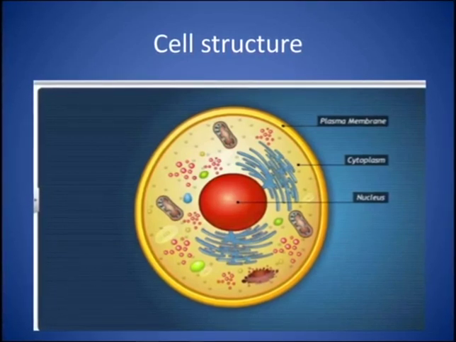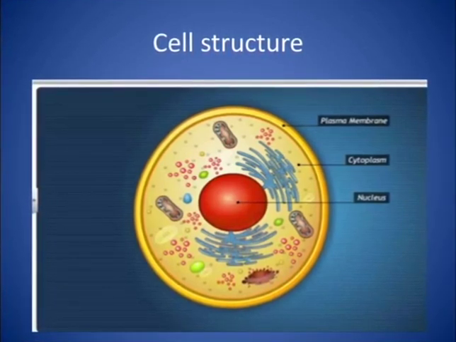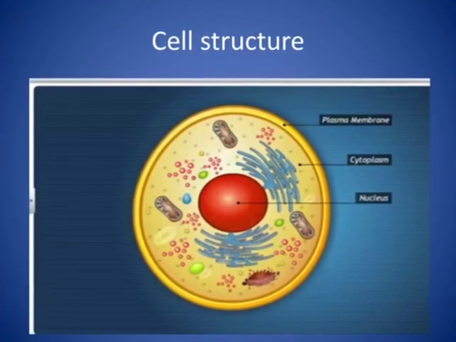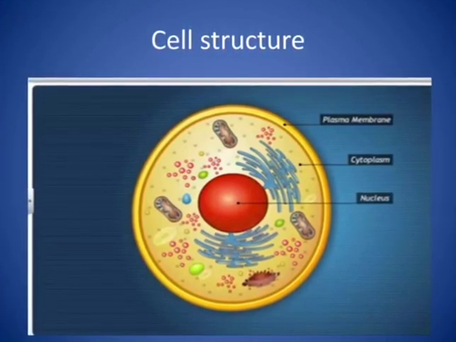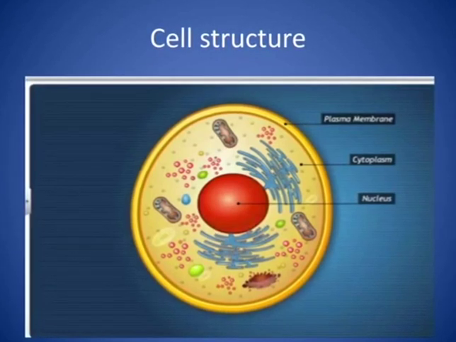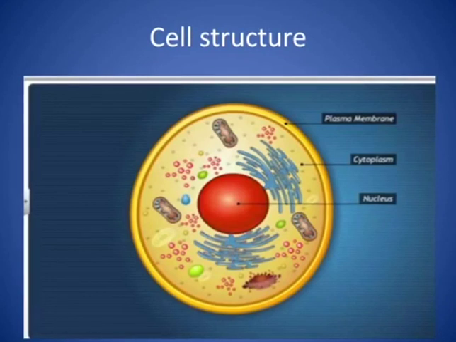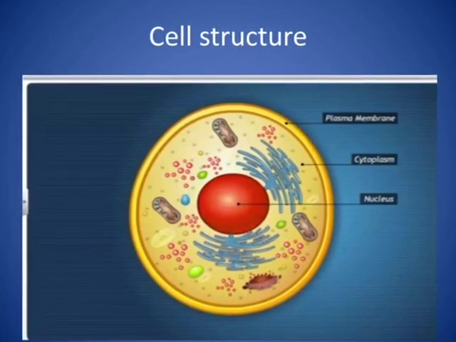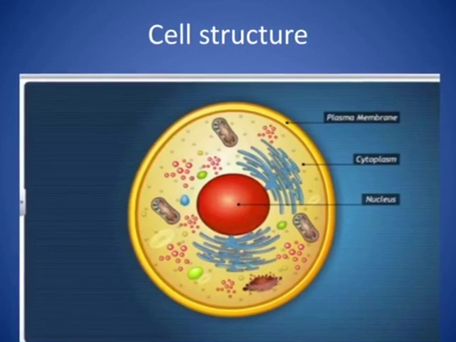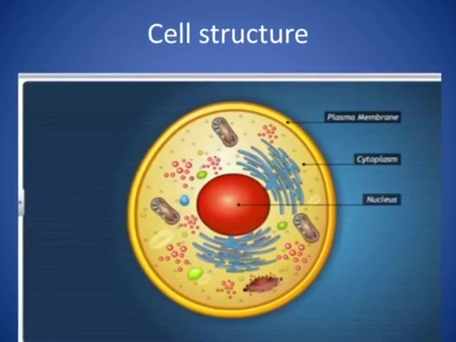Take a look into this generalized eukaryotic cell. In our previous video, we saw the structure of a prokaryotic cell, that is, the structure of bacteria. Today we are going to look into the structure of a eukaryotic cell.